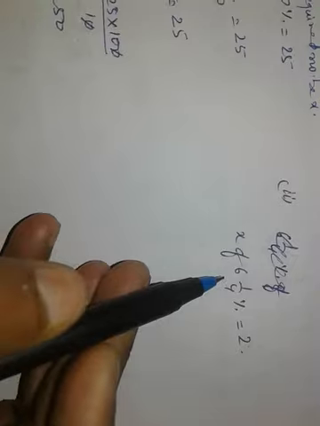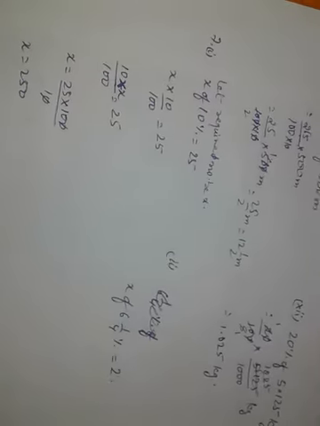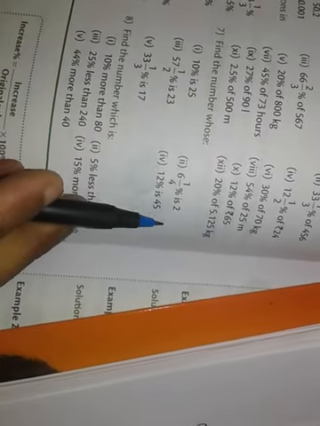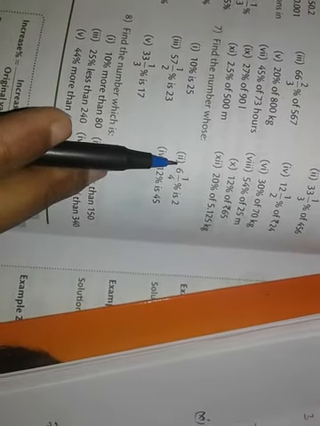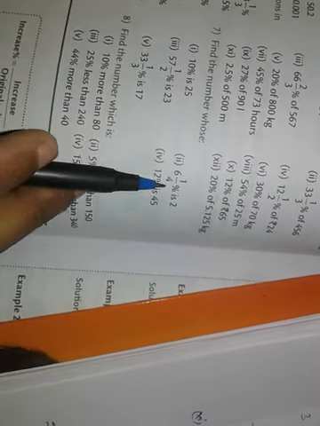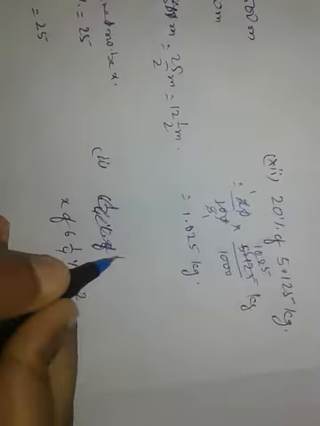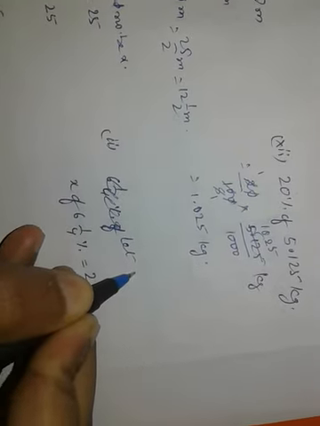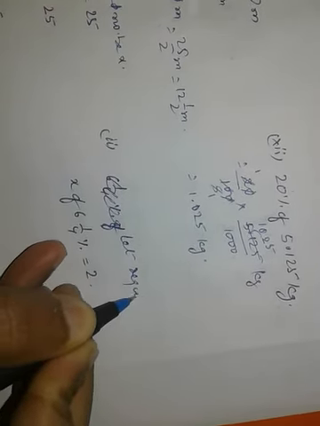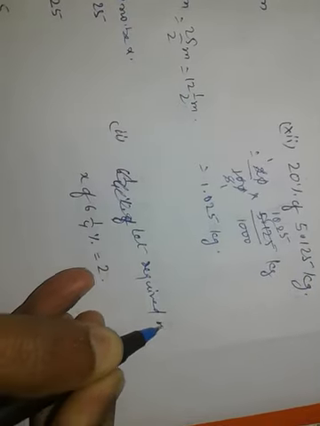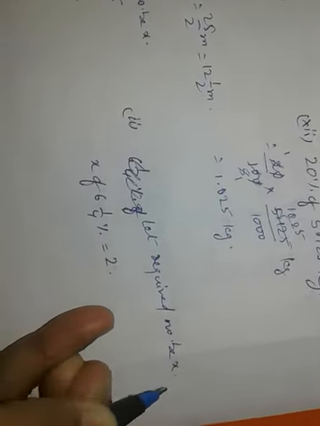Second question is, first of all you read the question, otherwise you get confused. So we have to find 6 whole 1 by 2, 1 by 4% of a number whose 6 whole 1 by 2% is 2. So let us assume the required number be x.